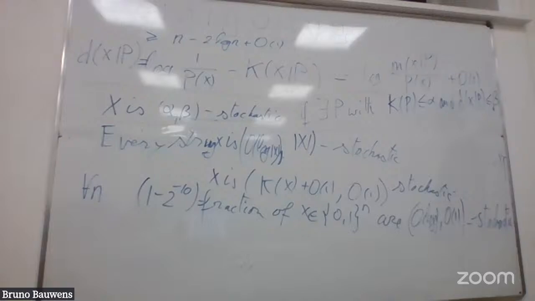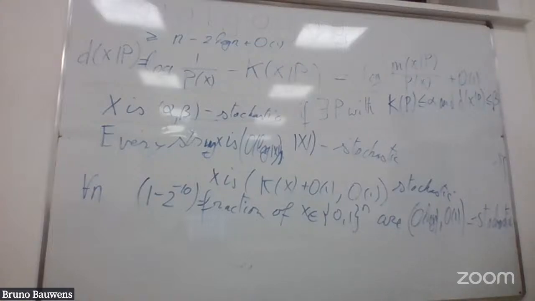So which model will we use again to get this definition? P will be uniform over n-bit strings.